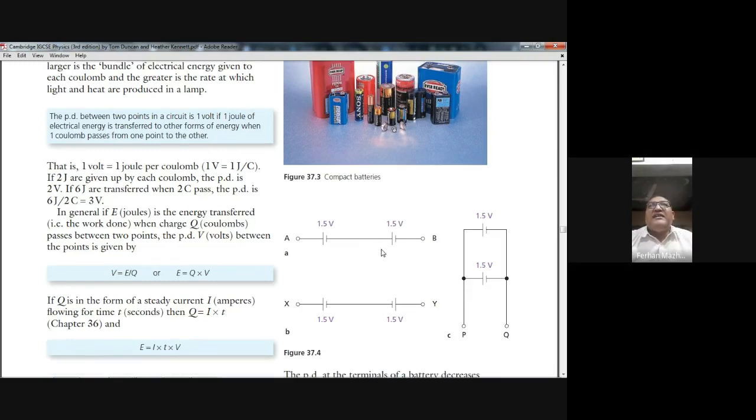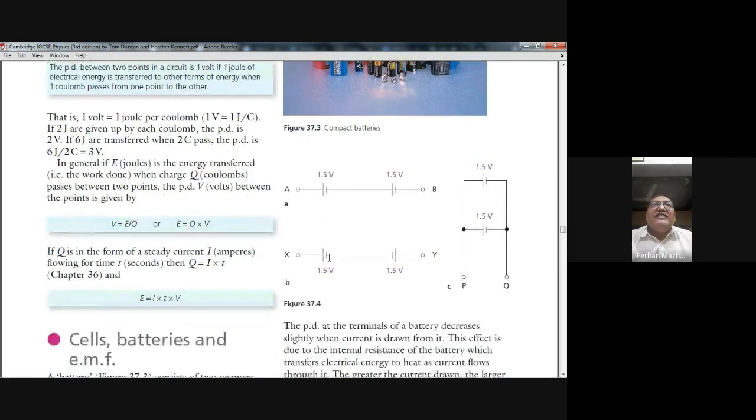And here in diagram B, you see the negative of the first battery is connected with the negative of the second battery. That's the wrong connection. This is not the correct order of connecting the cells. The negative of the first should be connected with the positive of the second.